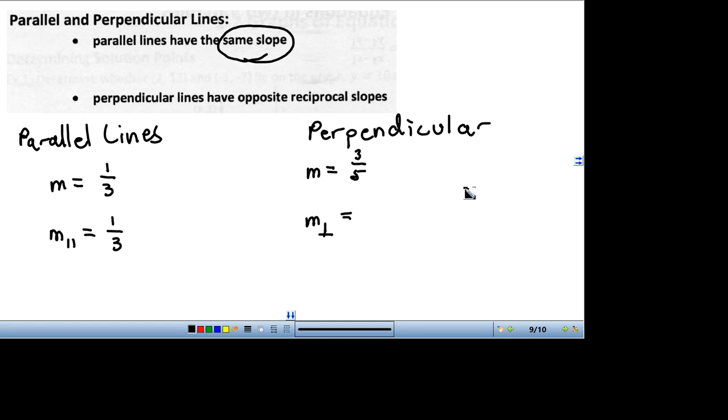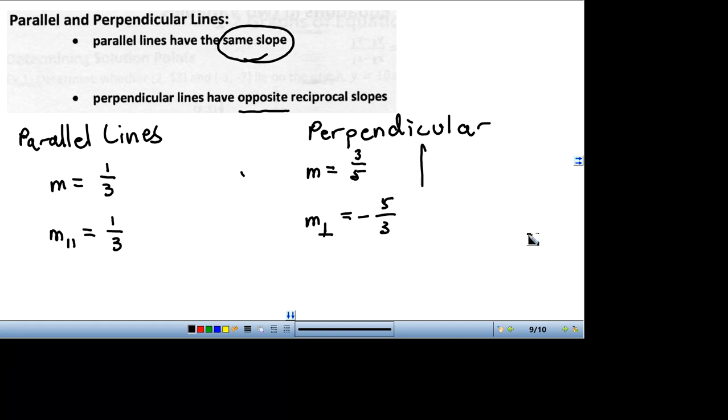So the reciprocal is switch the fraction, top and bottom. So 5 goes into the top, 3 goes into the bottom. And when they say opposite, they basically mean change the sign. So if it's positive, make it negative. If it's negative, make it positive. So it's now going to be negative 5/3. That is the slope of the line that's perpendicular.